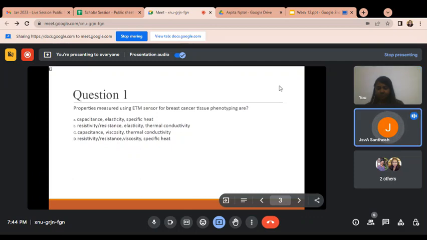Ma'am, if you use the positive photoresist, if the UV light is exposed in positive photoresist, it means the area becomes weaker. Am I correct? Okay, for positive photoresist, whatever portion comes into direct contact with the UV, this portion will become weaker.